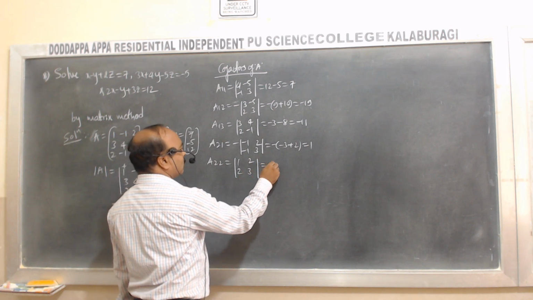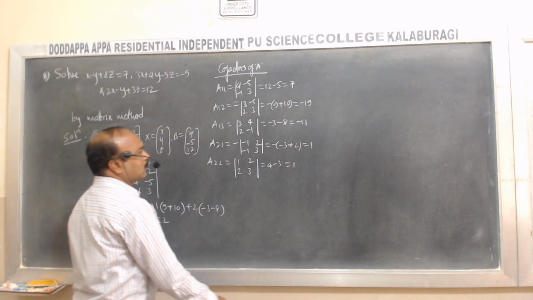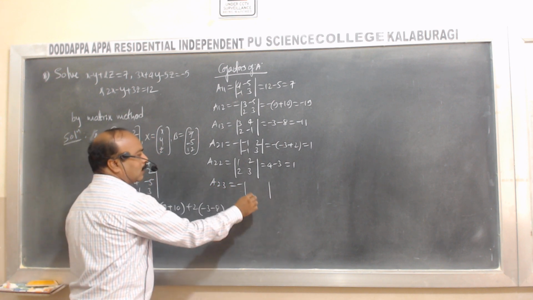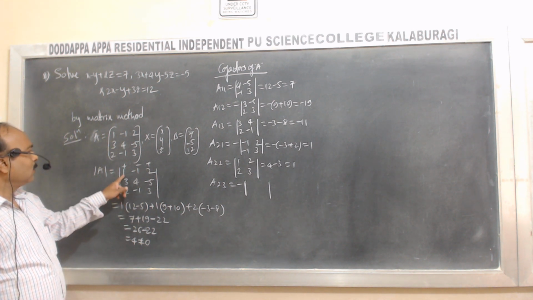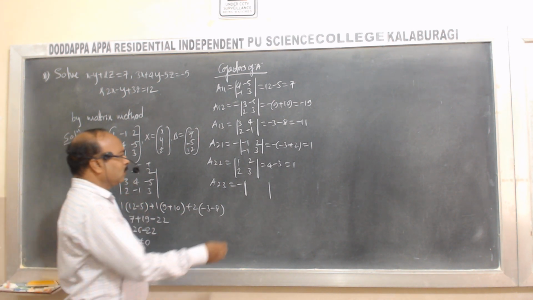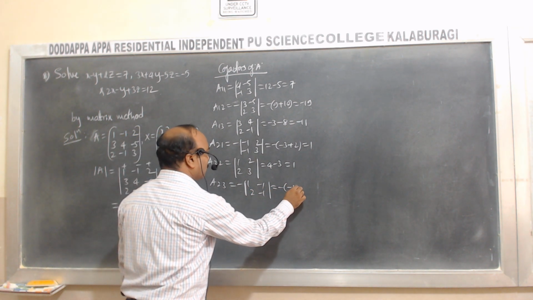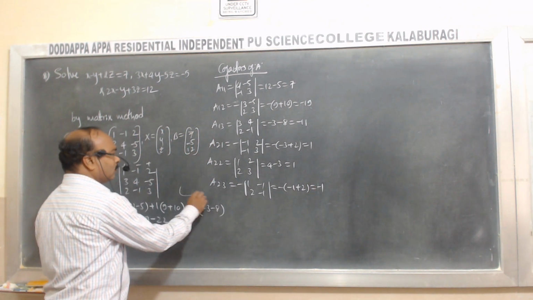So it is 3 minus 4, it is minus 1. Next A23, minus of determinant, deleting this row and this column, we get 1 minus 1, 2 minus 1. So it is minus of minus 1 plus 2, it is minus 1.